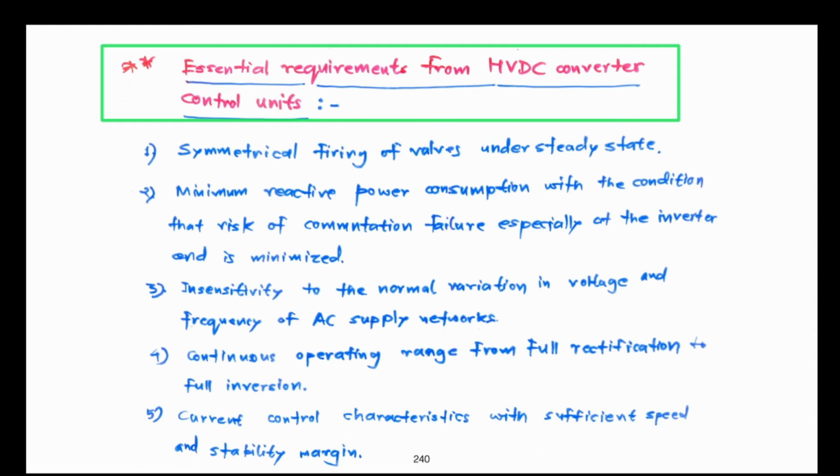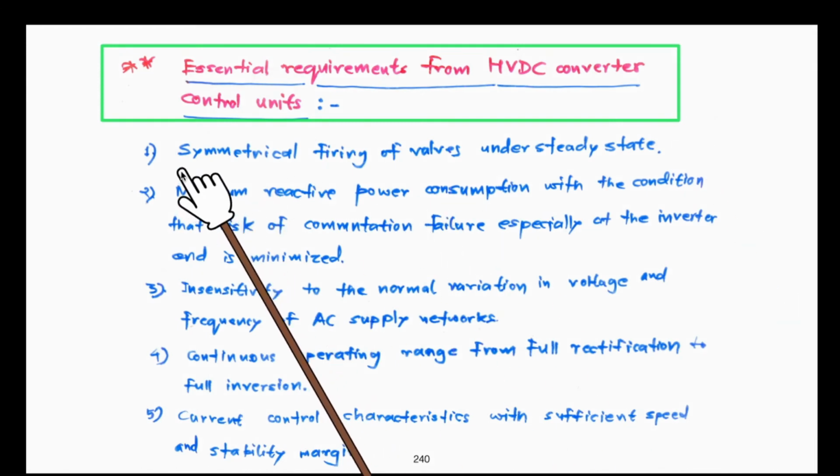What should an HVDC converter do? Keep in mind that DC current depends upon 4 different parameters. Some are slow, some are faster. It also depends upon the line resistance. So what is to be done? How can the control be done? There has to be some objective set before we design an HVDC converter control unit. Let us check the objectives.